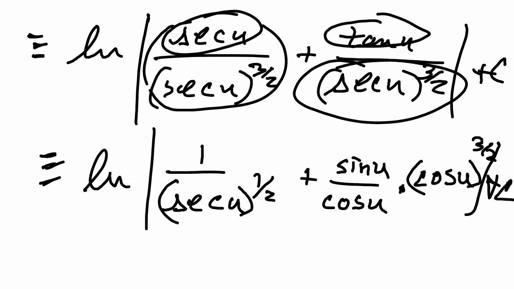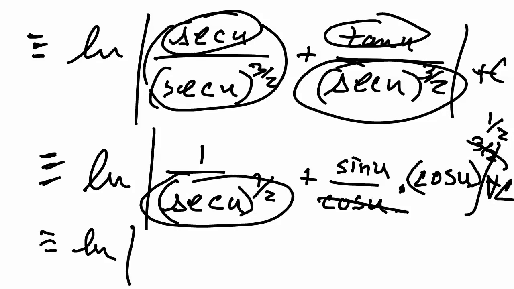And so when I do that, what do you know? Same type of deal. Cosine to the 1.5 divided by cosine is going to end up giving me cosine to the 1/2 on top there. So let's just rewrite this a little bit here. This is equivalent to the natural log of the absolute value.